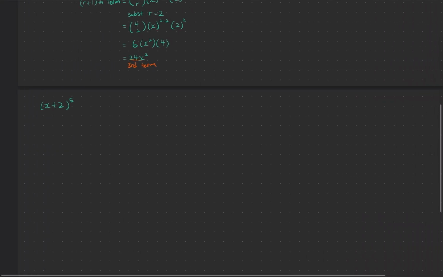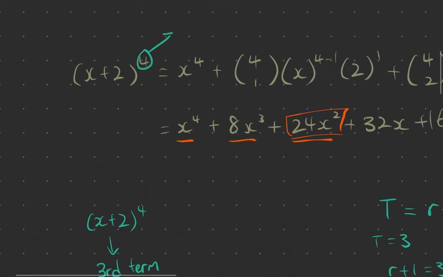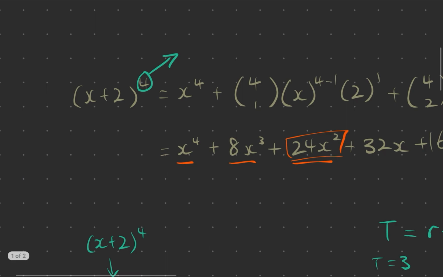Let's try (x plus 2) to the power of 5. So (x plus 2) to the power of 5, right? Something we do notice too is that the number of terms in your binomial expression is always your power plus 1.